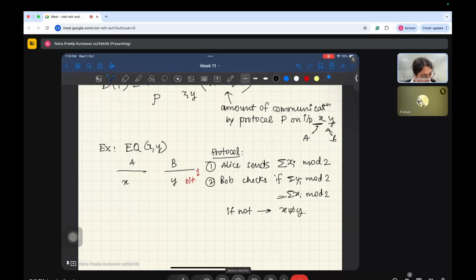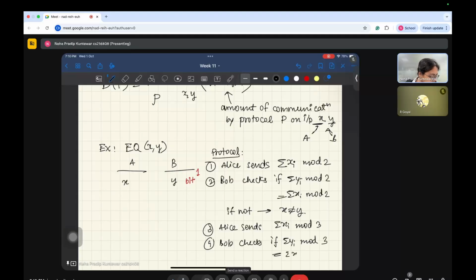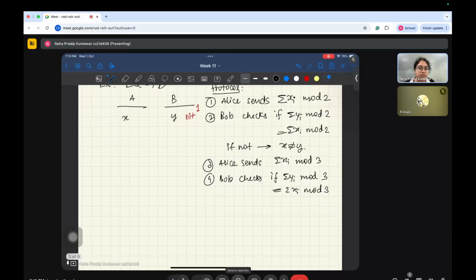She sends summation x_i mod 3, and then Bob will check whether summation y_i mod 3 is equal to summation x_i mod 3. If not, then Bob is going to say that they are not equal, then we know that x is not equal to y. Otherwise, she does the next possible thing. She sends summation x_i mod 4, and this keeps on happening.